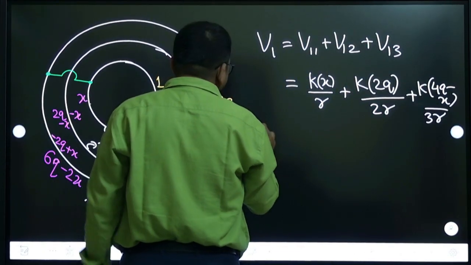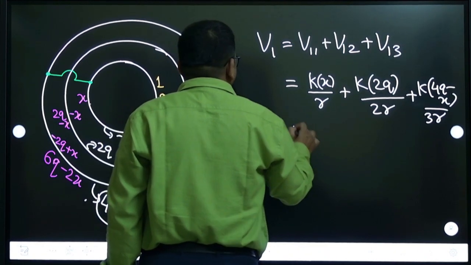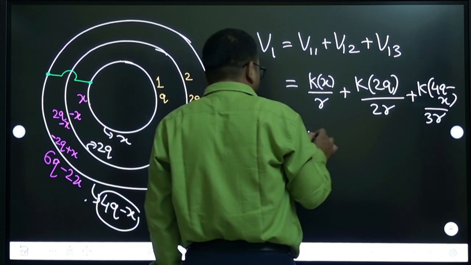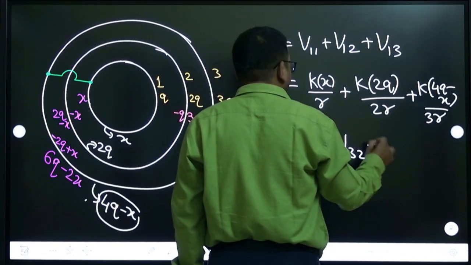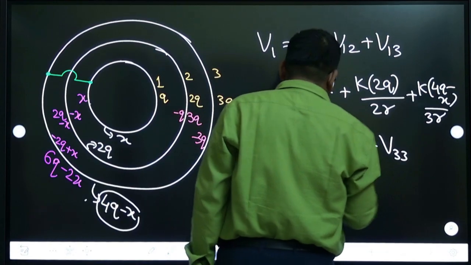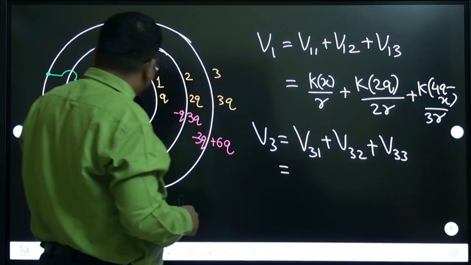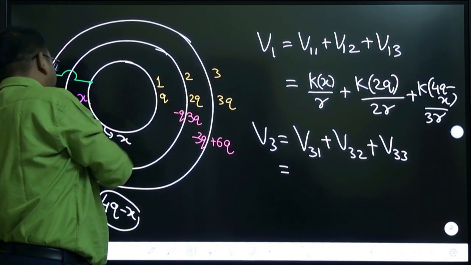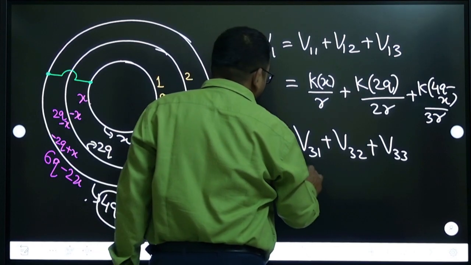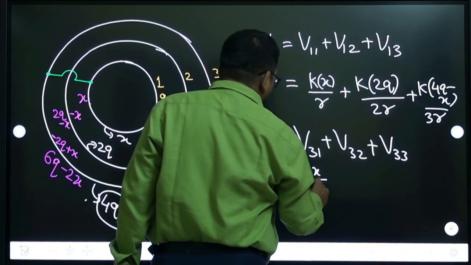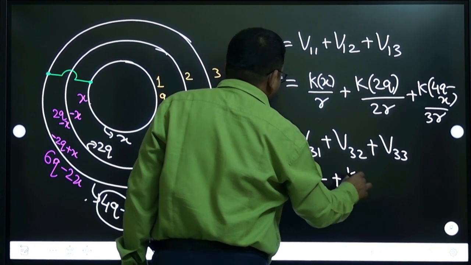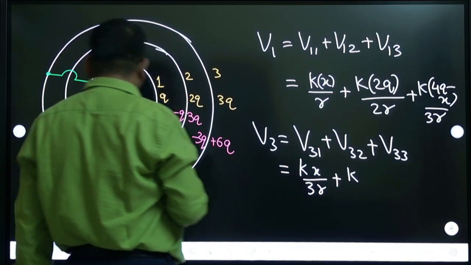And what about potential of 3? Let us write potential of 3. So potential of 3 is due to 1, potential of 3 due to 2, plus potential of 3 due to 3. Let us try to write. So this point due to 1, this charge, this is outside. So kq is x, kx by this radius, which is 3r, plus k due to second, it is outside again.